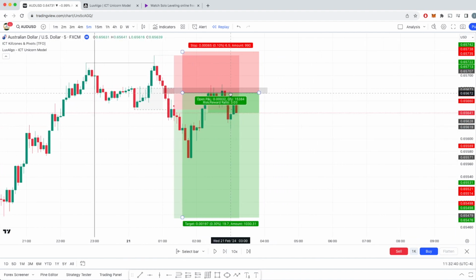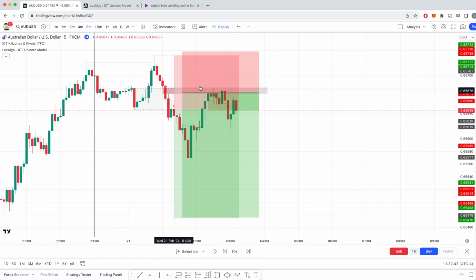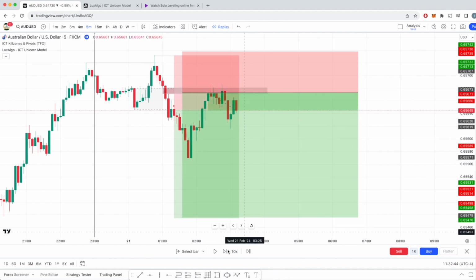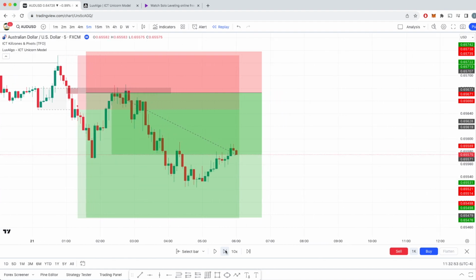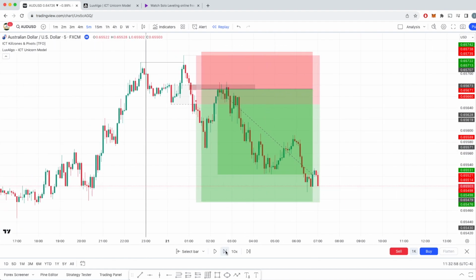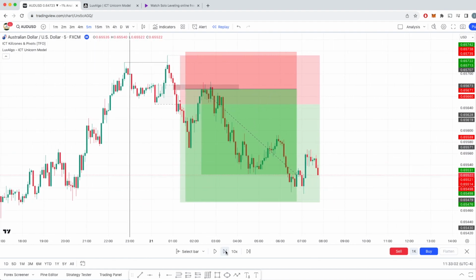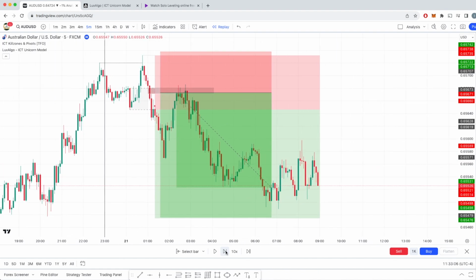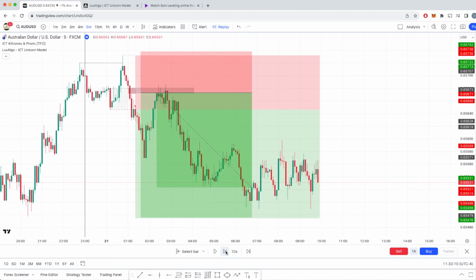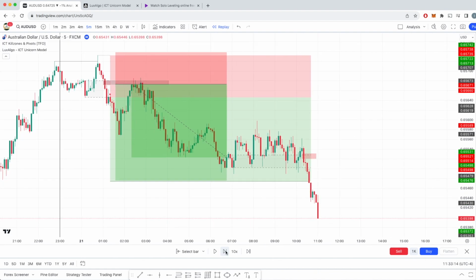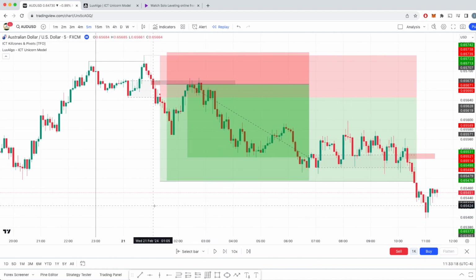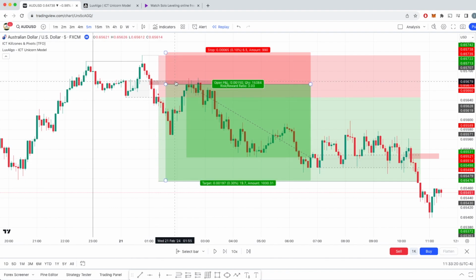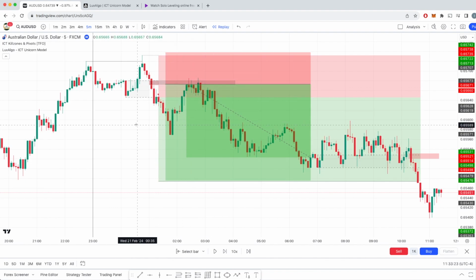So we see here a beautiful comeback to the fair value gap, not even closing above. And then take profit. So you see here that just by using the entry at the fair value gap, we're able to get 1% more than using their own indicator settings.